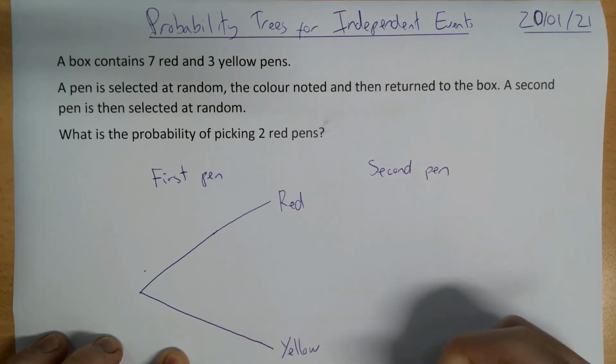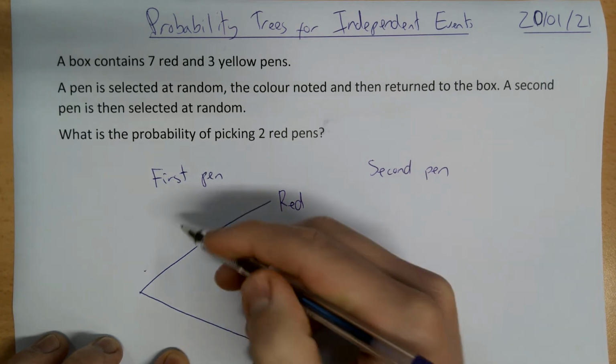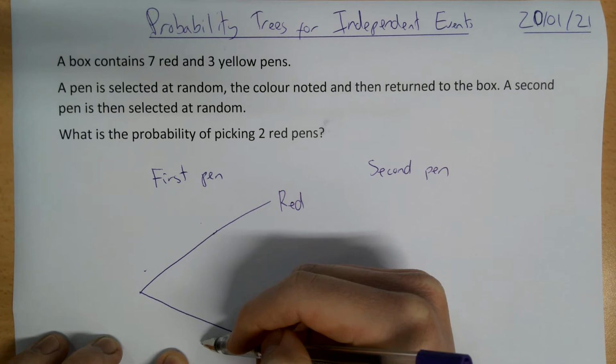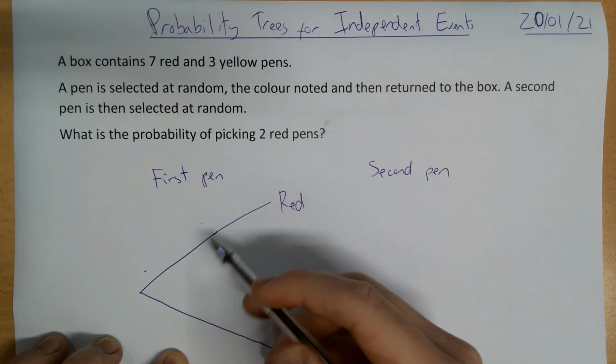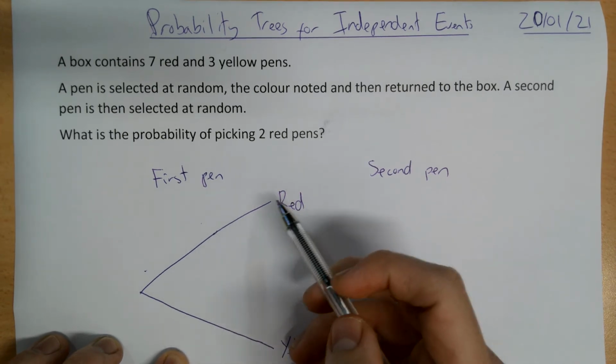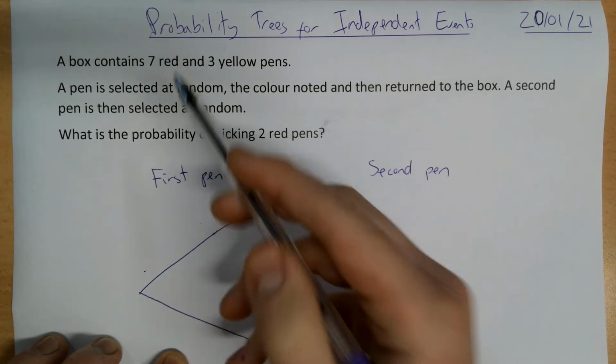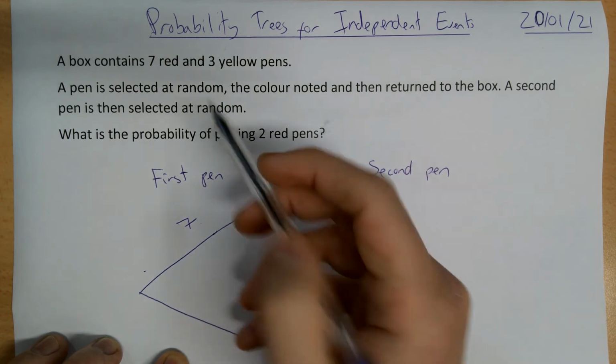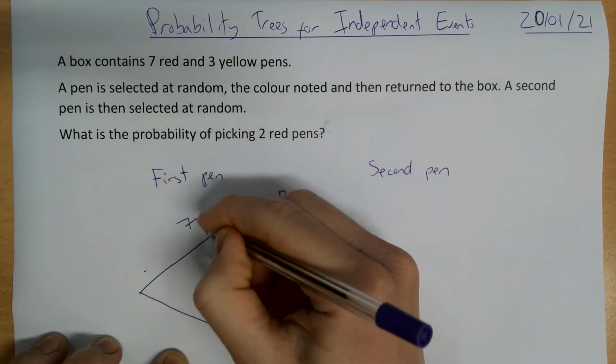On my branches needs to be the probability of each of those outcomes. So the probability of red, well, how many things are there that I want? There are 7 red things that I want, out of how many things all together? Well, there are 10 things all together.